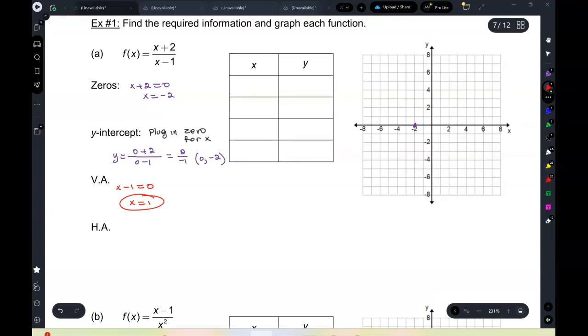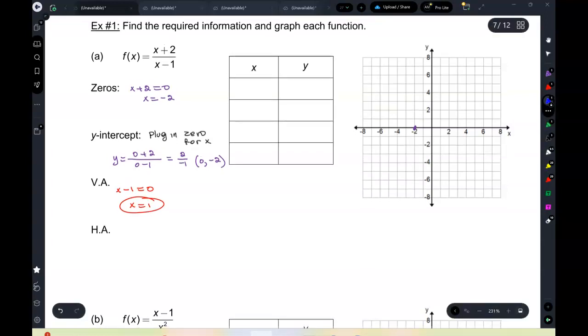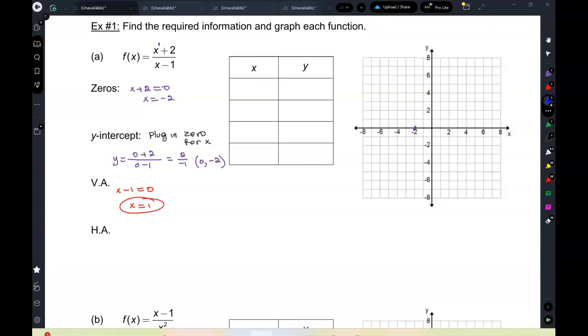The horizontal asymptote, I have to compare the highest exponent on top and the bottom. The exponent on top is 1. The exponent on the bottom is 1. So I say y equals, if they're the same, you take the coefficients and you set them equal to each other. It's 1x over 1x, 1 over 1.